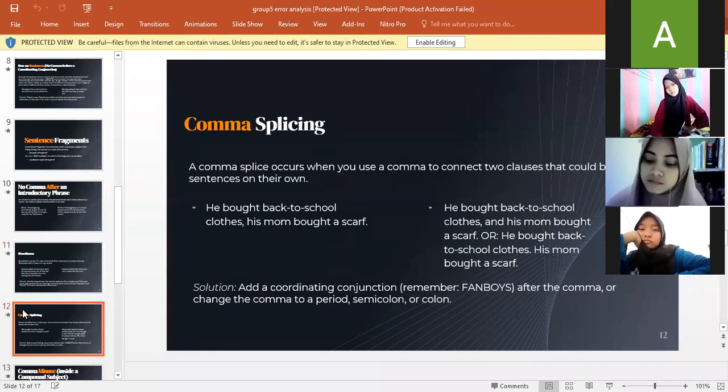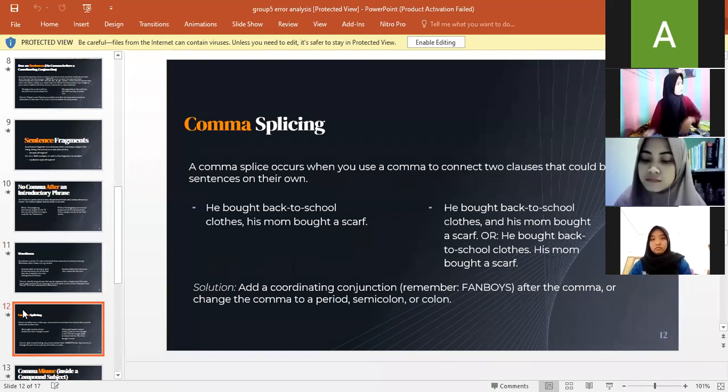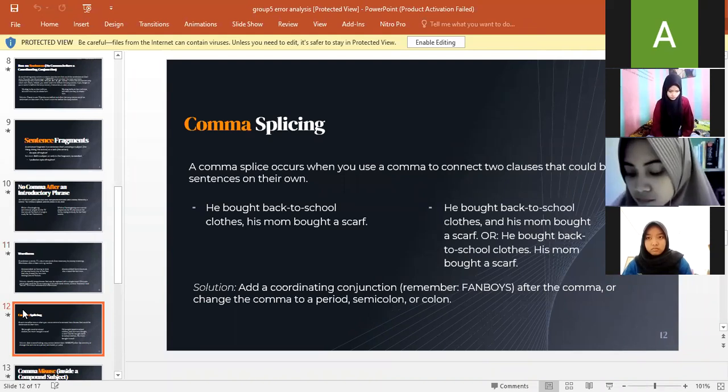Comma splicing. A comma splice occurs when you use a comma to connect two clauses that could be sentences on their own. For example: He bought back-to-school clothes, his mom bought a scarf. And the right example is: He bought back-to-school clothes and his mom bought a scarf.